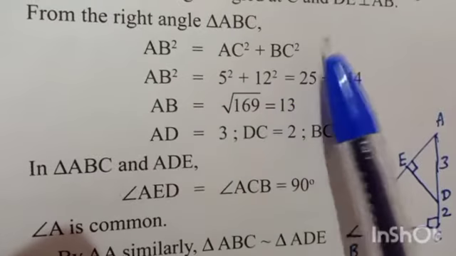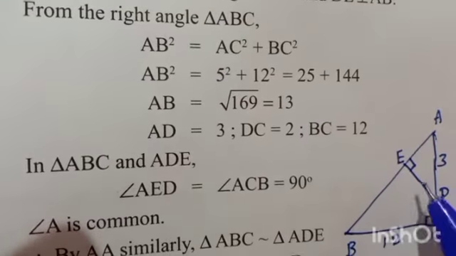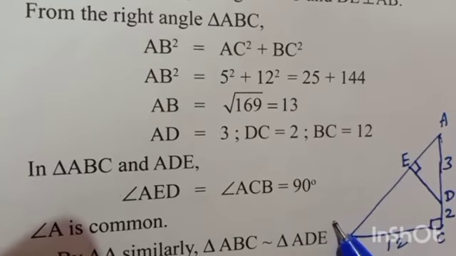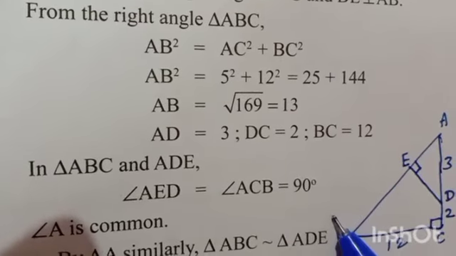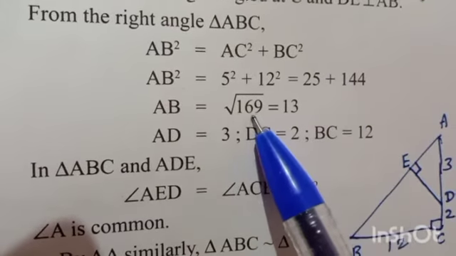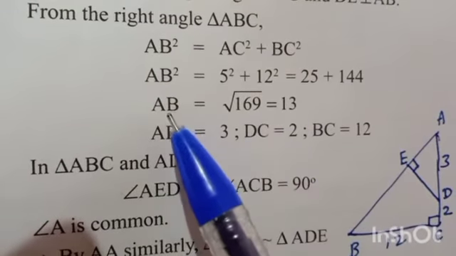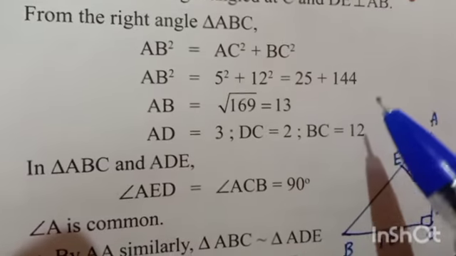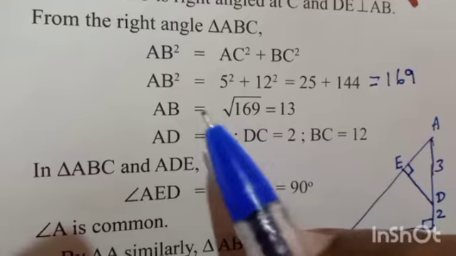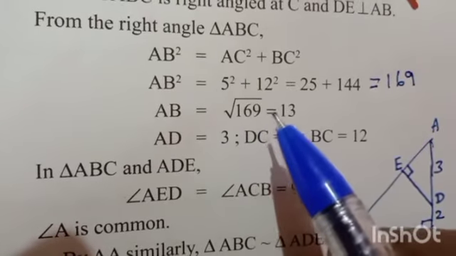Why are we applying the Pythagoras theorem here? Because one side is unknown. So we have to find the length of AB. Okay, students. Yes, AB square is equal to, you have to add these two, that is 169. AB is equal to square root of 169.